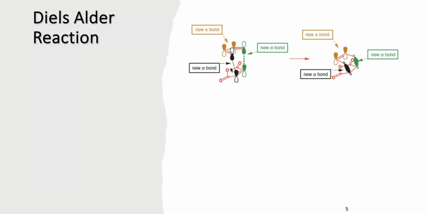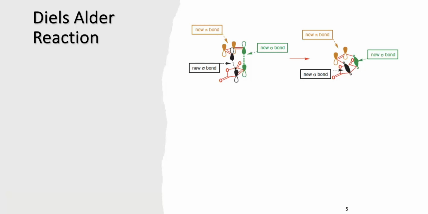They will overlap and result in the formation of a new sigma bond, and we can see these 2 green orbitals are in the same phase. They will also overlap and result in the formation of a new sigma bond. Now we can see these 2 brown orbitals are also in the same phase. They can undergo a lateral overlap and result in the formation of a new pi bond. This is what is taking place in the Diels Alder reaction.